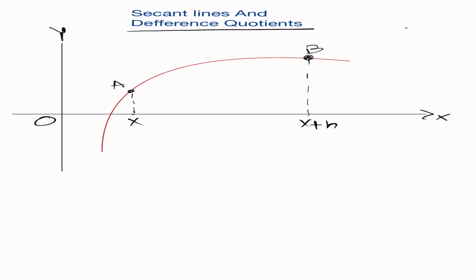Okay, so since this is the x, this will be our f of x, right? Since this is x plus h, I can just write down this one is f of x plus h.